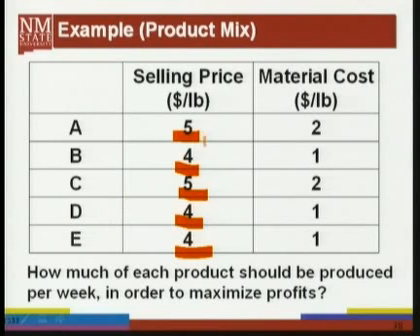And the material costs for products A and C are $2 per pound, and for products B, D, and E, it is $1 per pound. Okay? And we'd like to determine how much of each product should be manufactured per week in order to maximize our profit. Okay?